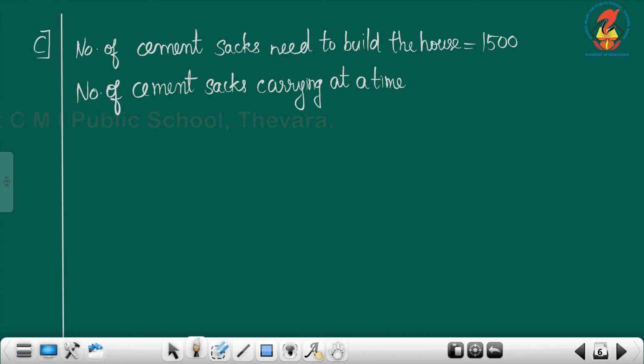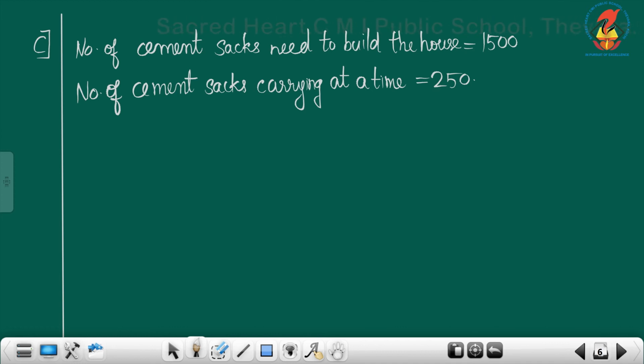It's 250. The number of cement sacks a truck can carry at a time is 250. Okay. Then, how many trips will the truck make?